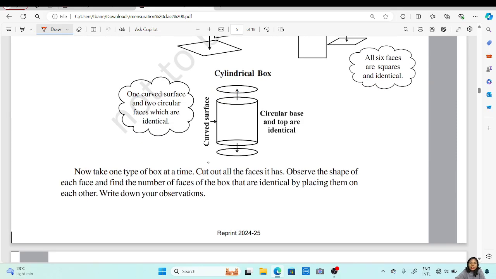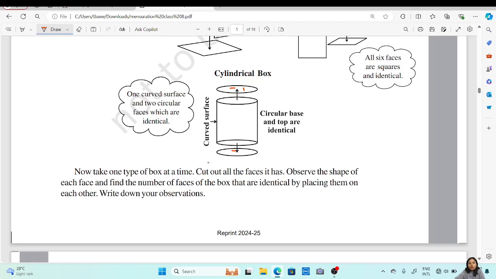Now let's look at the cylindrical box. So in this case we have a curved surface and the circular base and top are identical. Now in this case this and this are identical. So this is one identical pair here and one curved surface and 2 circular faces which are identical.